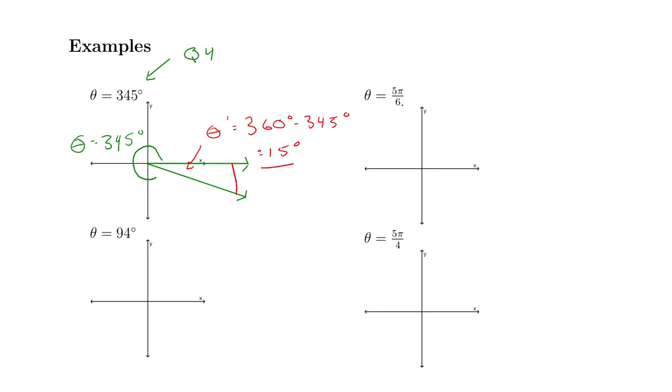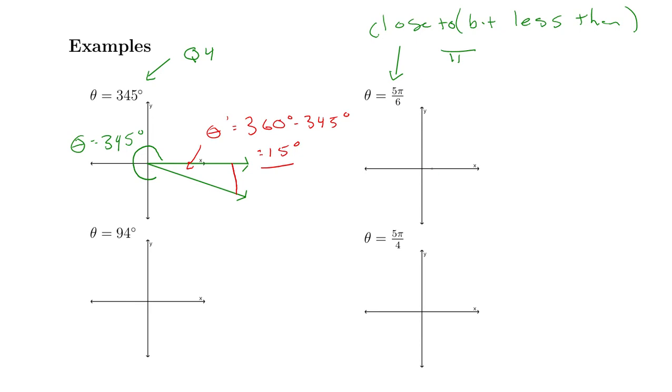Say this is close, but less than. I should put 2 up here. It's close to, but less than pi. 6 pi over 6 would be pi. So 5 pi over 6 is a little bit less than pi.